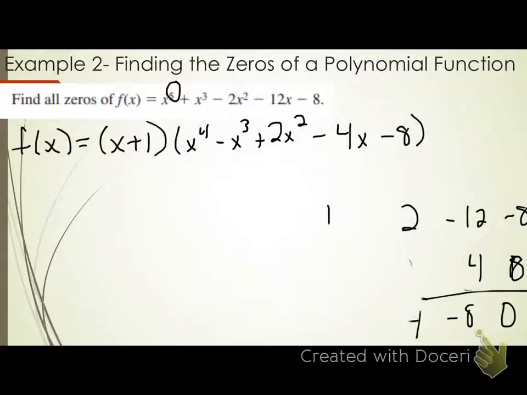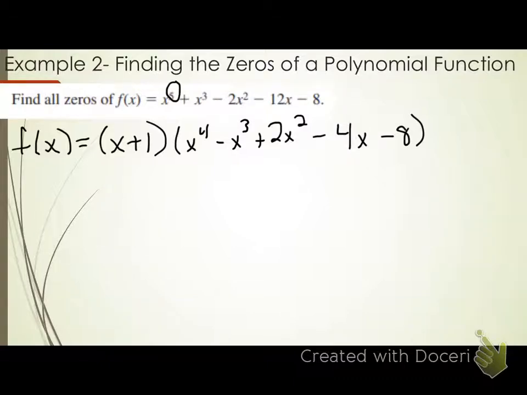Now let's look at that polynomial inside the parentheses. Once again, this does not look factorable, so I need to use the rational root theorem again. My constant term is still negative 8. My leading coefficient is still 1, so I'm still just testing these values.